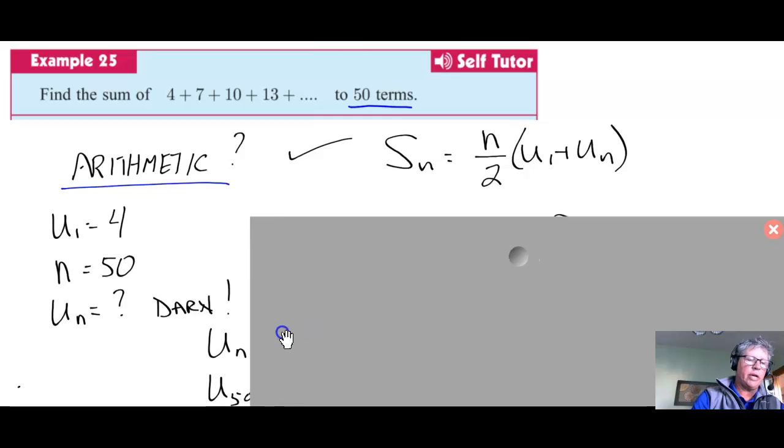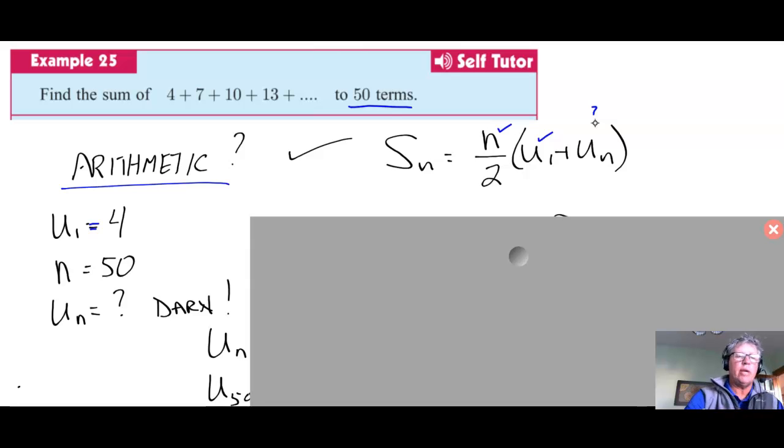I like to think about what do I know? I know that the first term is 4, the number of terms is 50, and darn it, I don't know the last term. So in my formula, I do know this, and this is kind of a question mark. So just like anything, now that's our new problem. Now we have to find that last term.